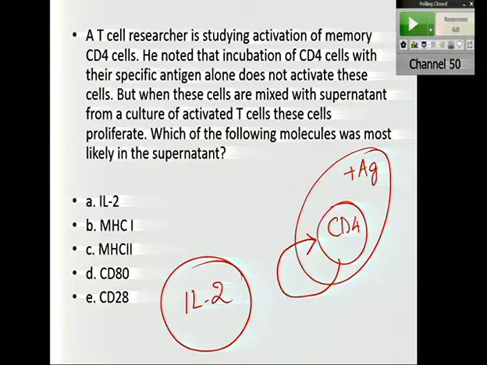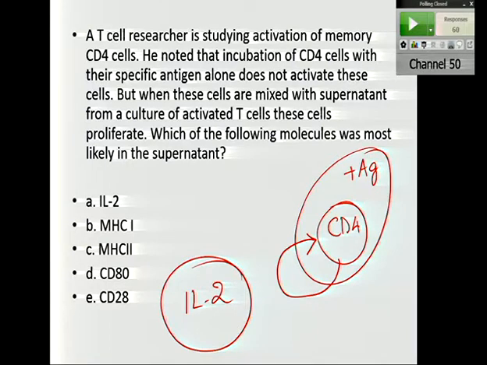So these are those experimental scenarios which they keep throwing at you because they just want to know whether you can figure out that here they're talking about proliferation. So please remember this, that unless there is interleukin 2, even though a cell is activated, it will not proliferate. It will just stay as one.